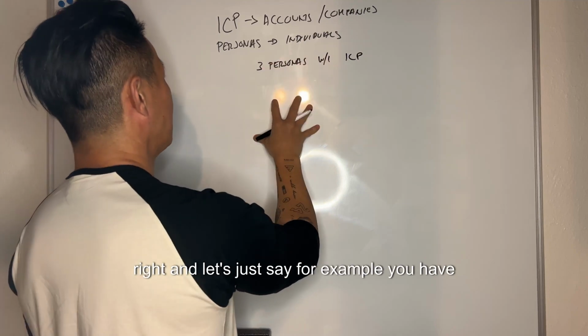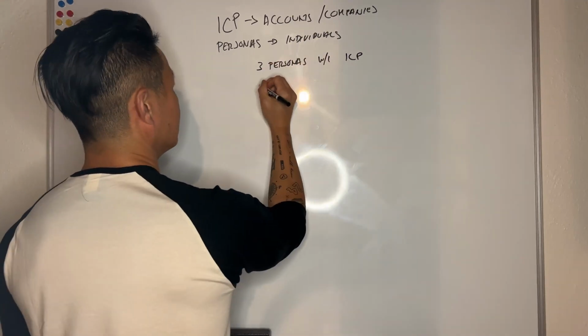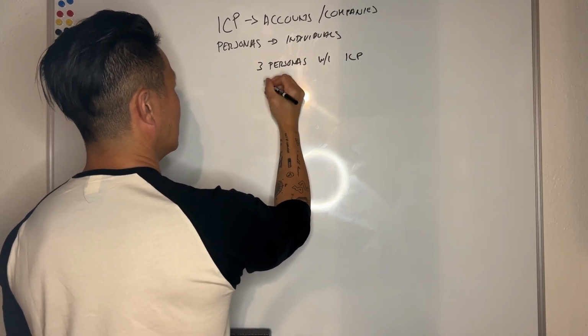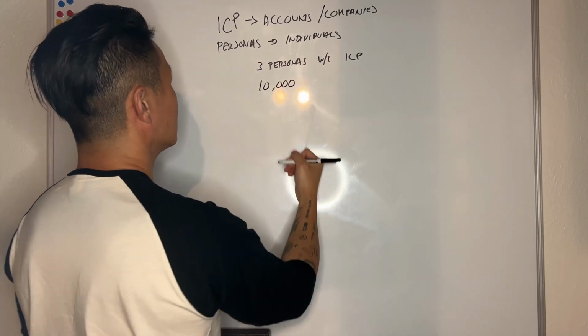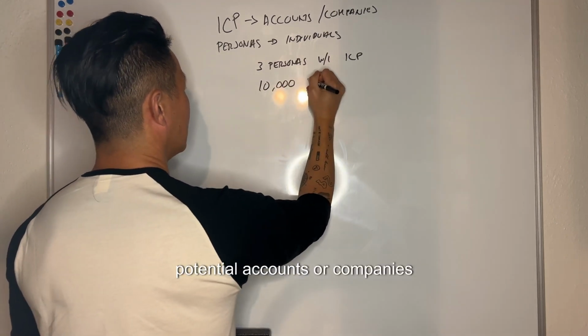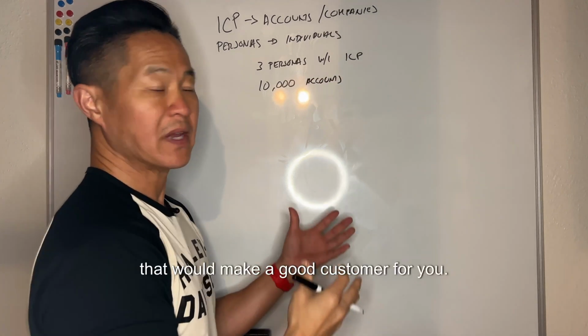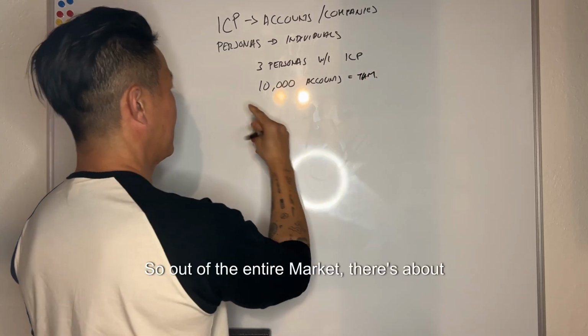And let's just say, for example, you have, I don't know, let's just use 10,000 potential accounts or companies that would make a good customer for you. This is going to be your TAM from a volume perspective.